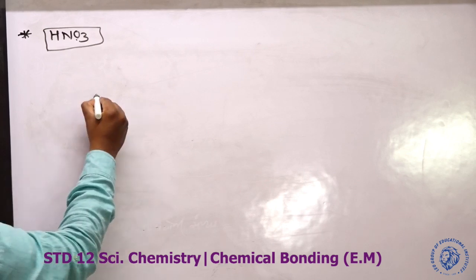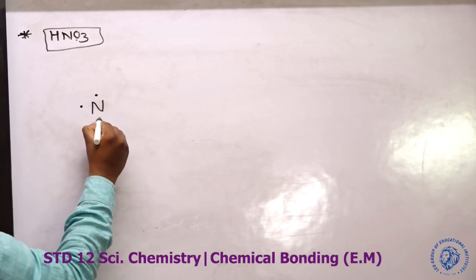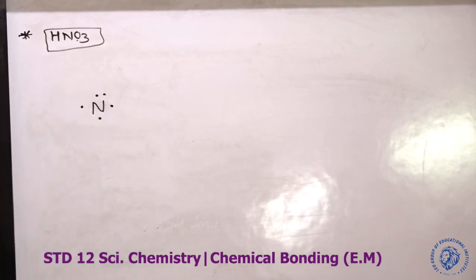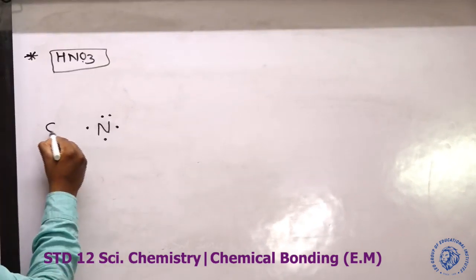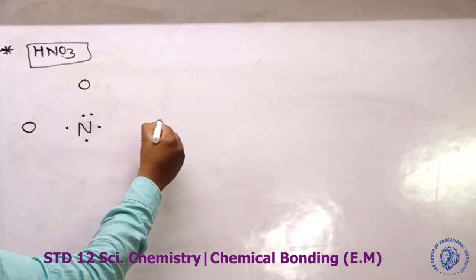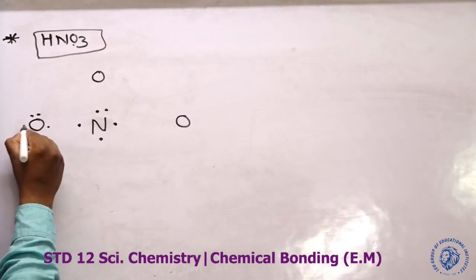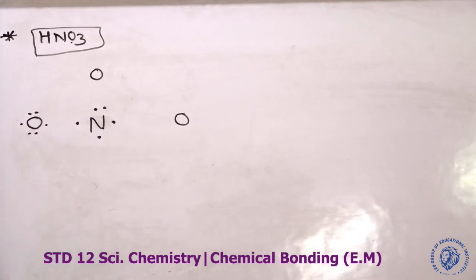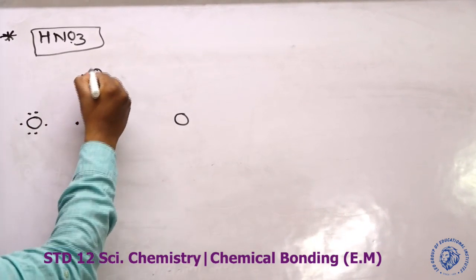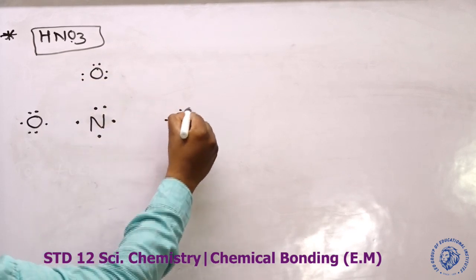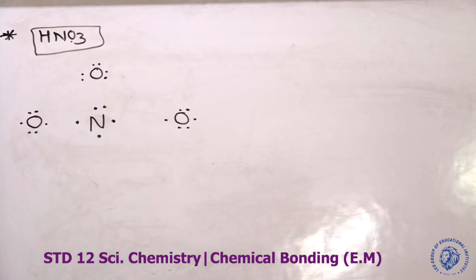This nitrogen has 5 valence electrons. Now it gets surrounded by the 3 oxygen atoms. Each oxygen atom has 6 valence electrons.